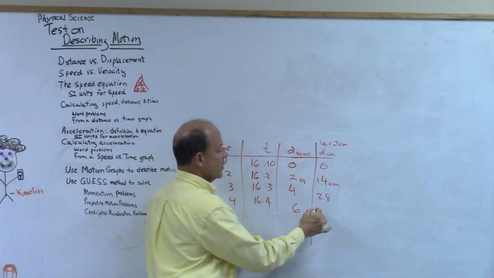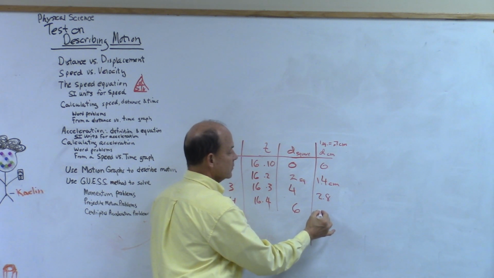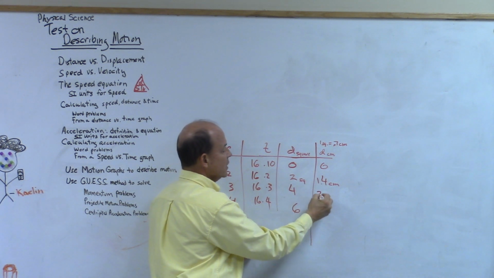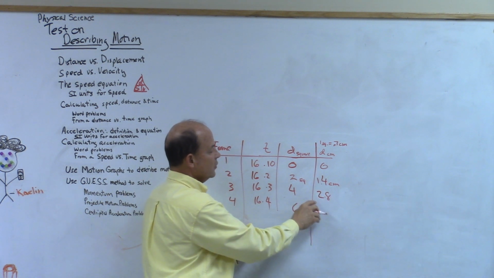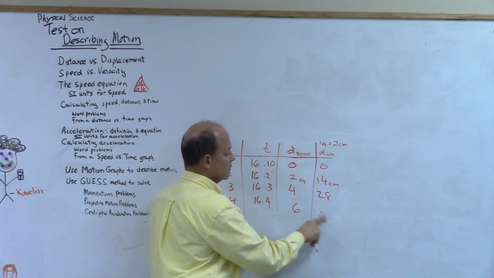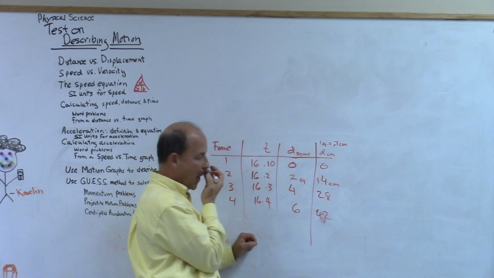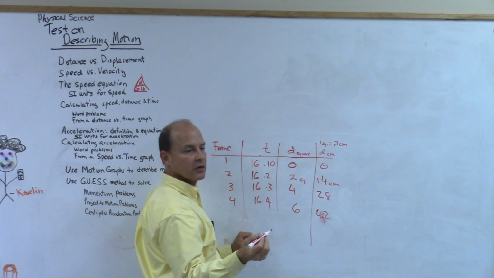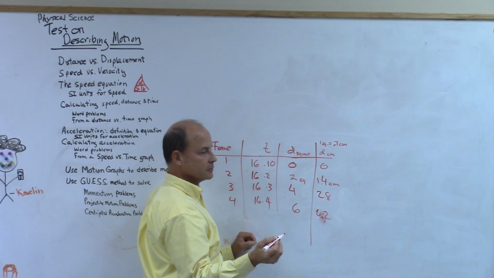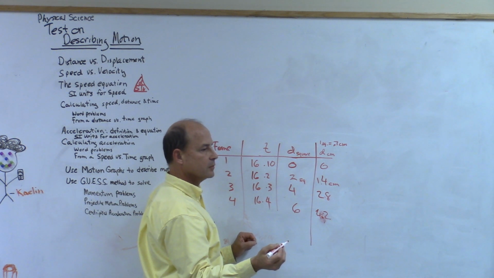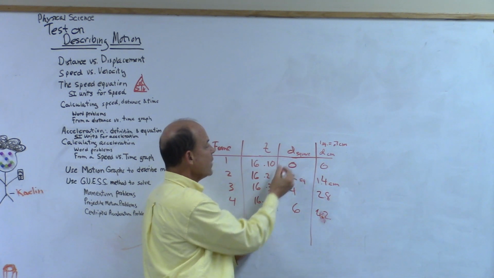And 6 times 0.7 is, no, I got this wrong. 2.8, and then 2 more squares on top of that is 4.2. What's 0.7 times 6? 4.2. Okay.